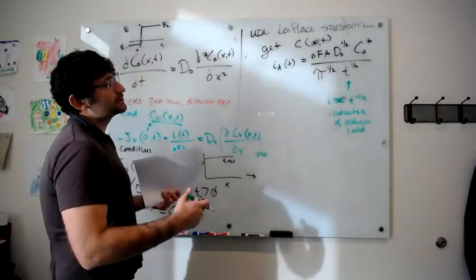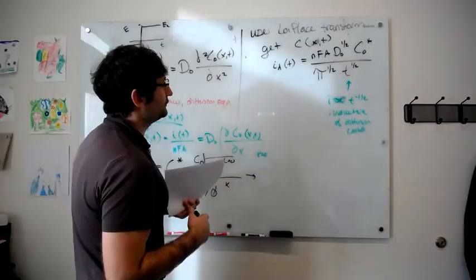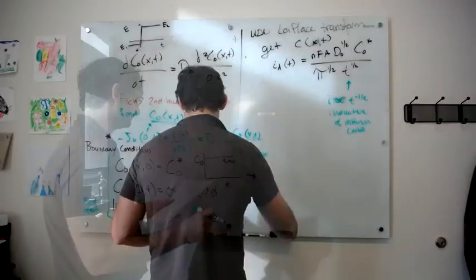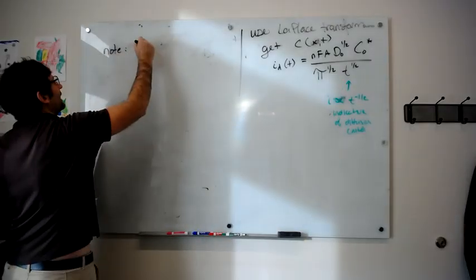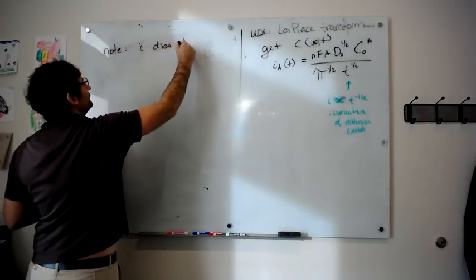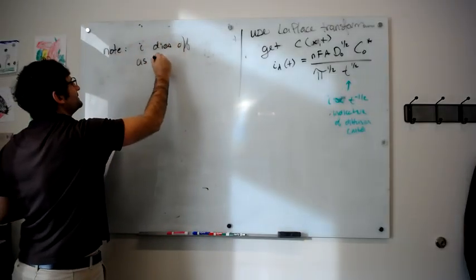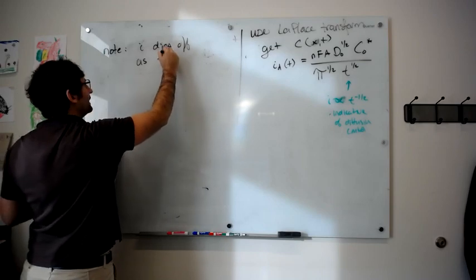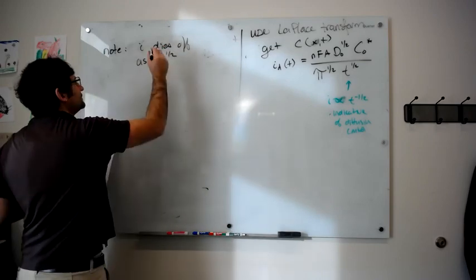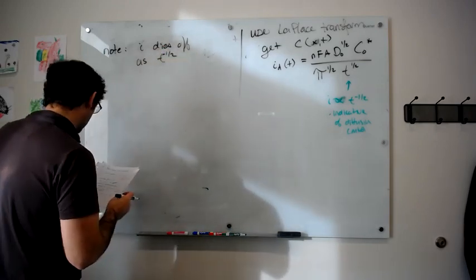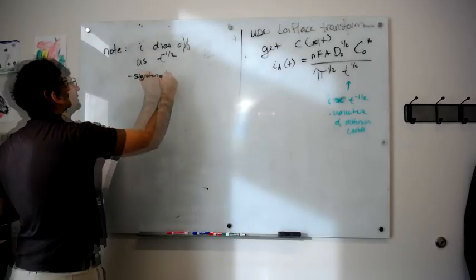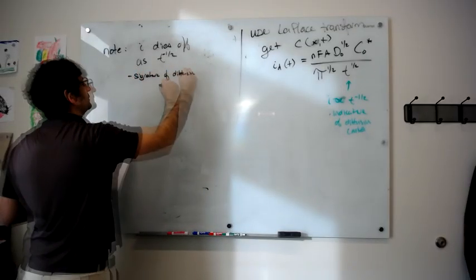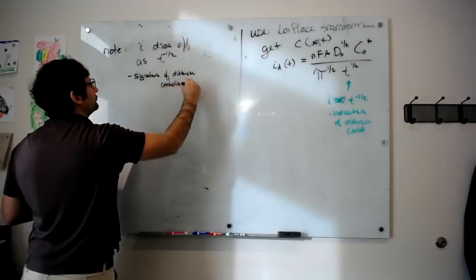And that's because it takes longer and longer for things to diffuse from further and further away. So let's explore this a little bit. We note i dies off as t to the negative 1/2, and this is a signature of a diffusion-controlled process.